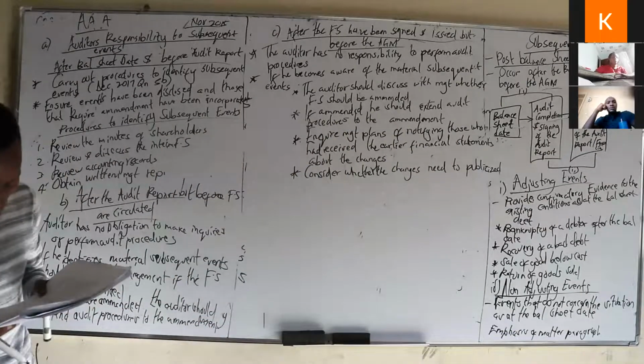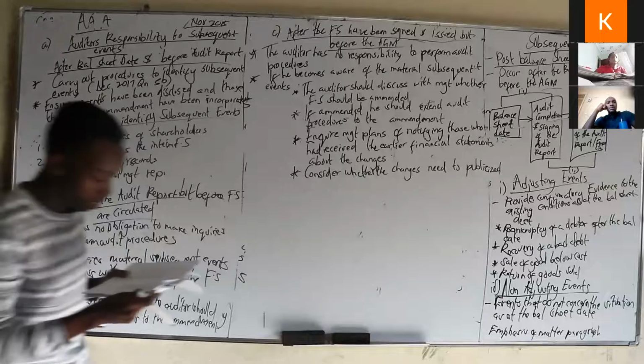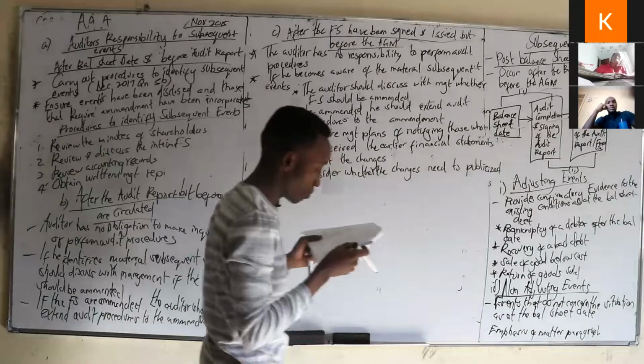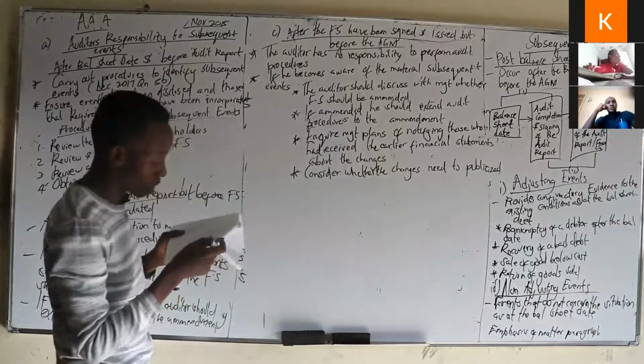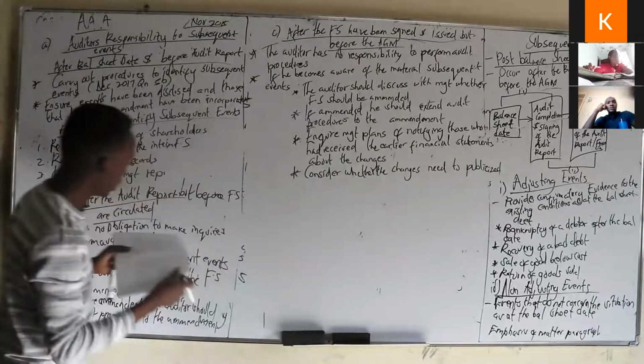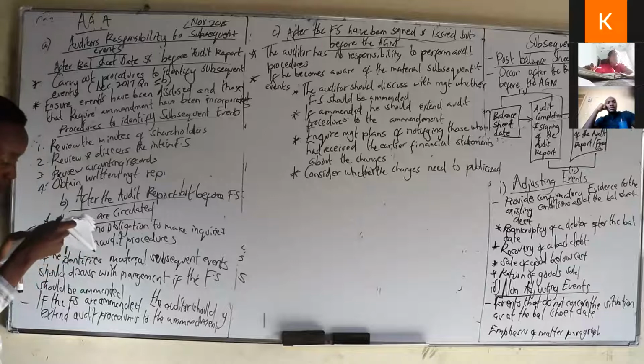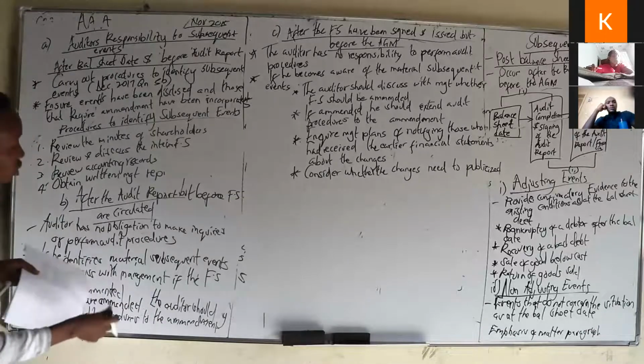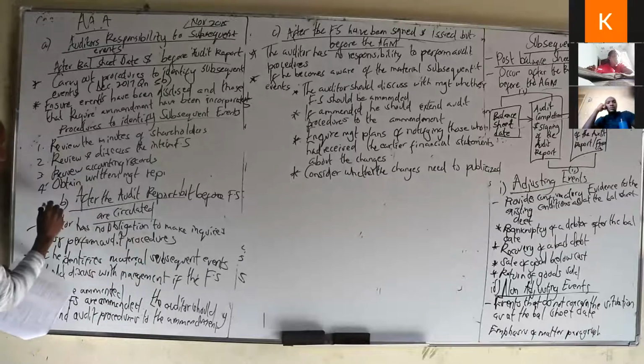And then 12th November to 2nd December, that is the period after the audit report has been signed but before the financial statements have been issued. So these responsibilities, you will state them.